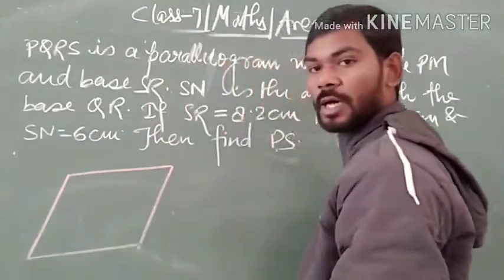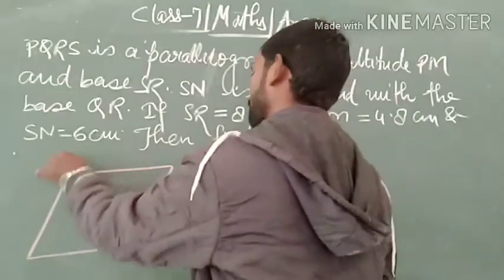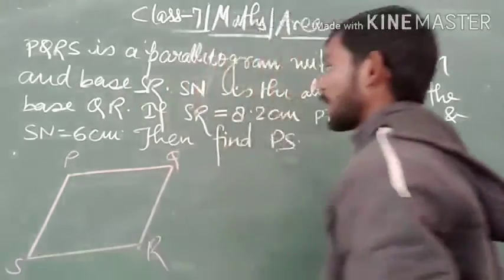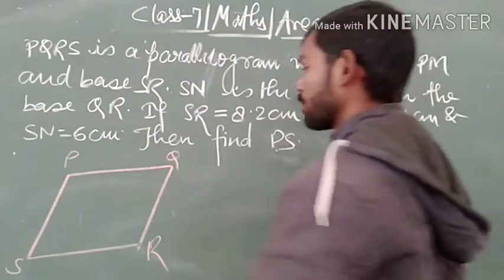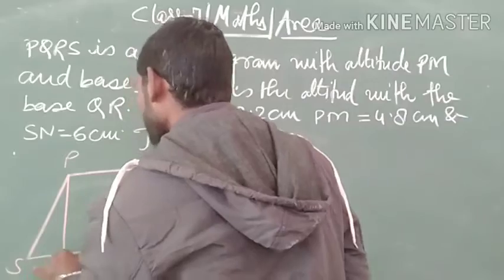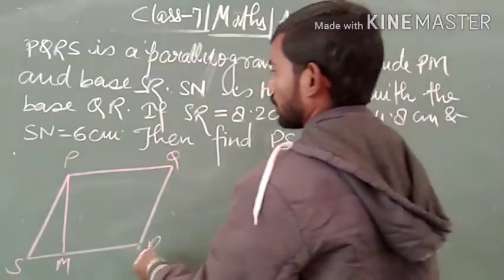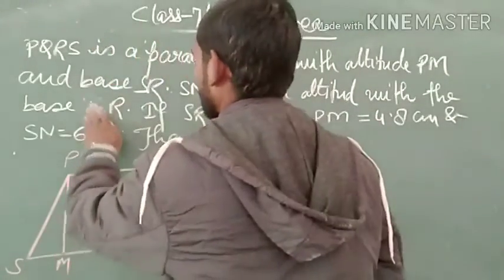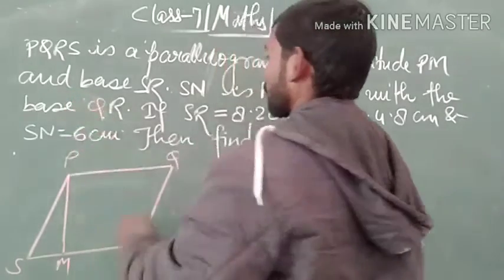With altitude PM, this is the altitude PM, and the base SR. Good.